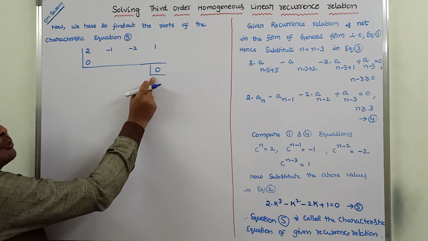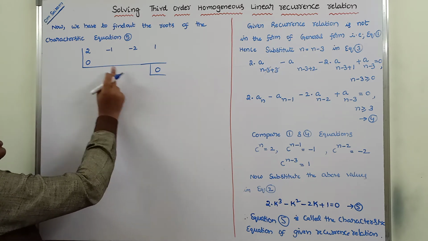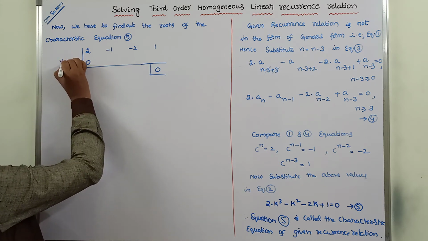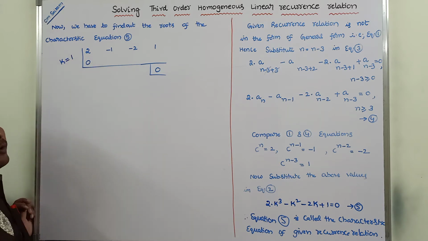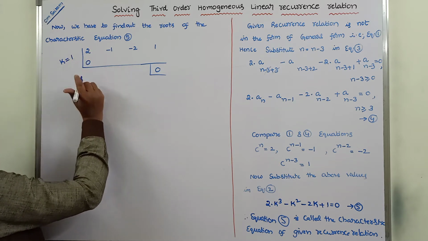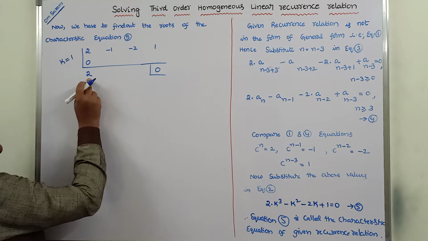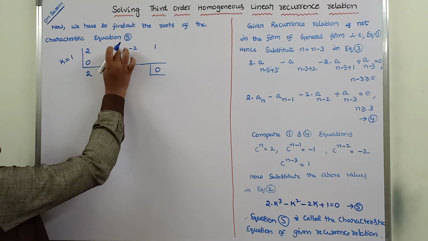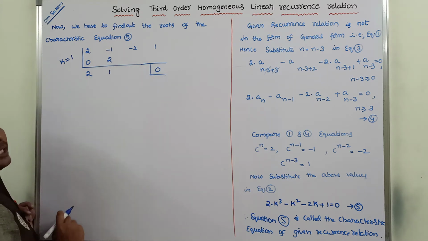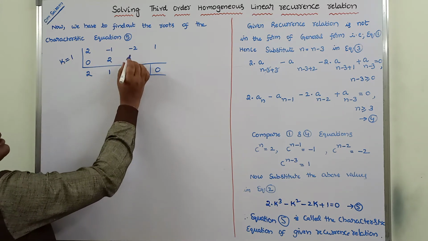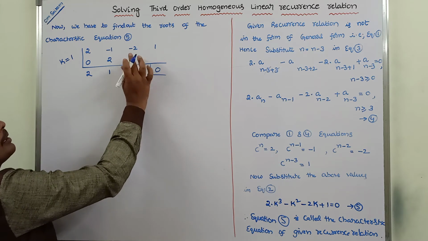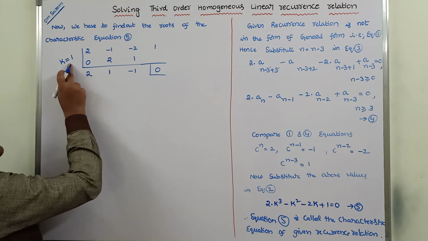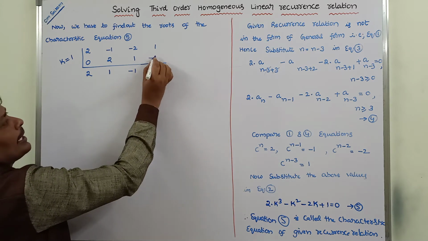So to get the value 0 in this position, what value we have to write? So for example, k is equal to 1. Okay. So 2 plus 0, that is nothing but 2. 2 is multiplied with 1, that is 2. 2 minus 1, that is nothing but 1. 1 is multiplied with 1, that is 1. Next one, minus 2 plus 1, that is nothing but minus 1. Minus 1 is multiplied with 1, so that is minus 1.